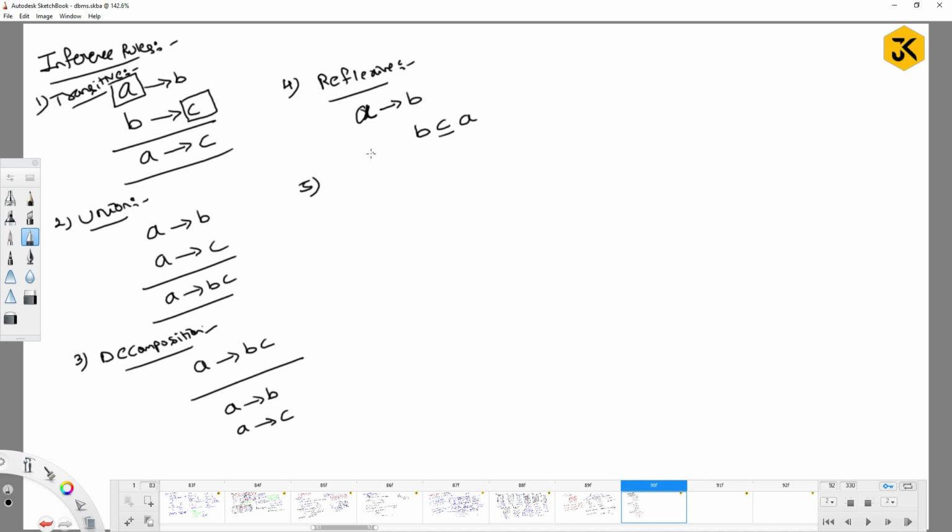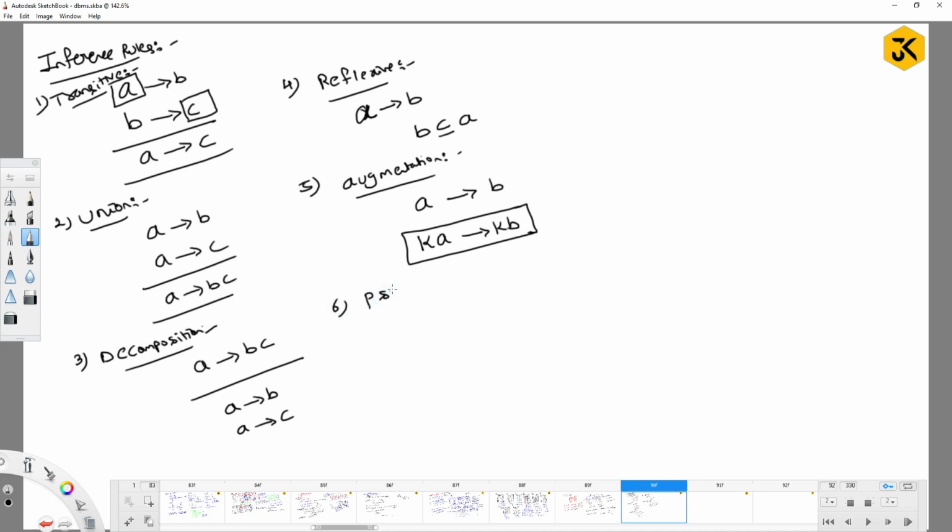Right? Similarly, the augmentation rule is there. If I have A determines B, on both sides I can add a new attribute. I can call it the augmentation rule. Then also it is functionally determined.